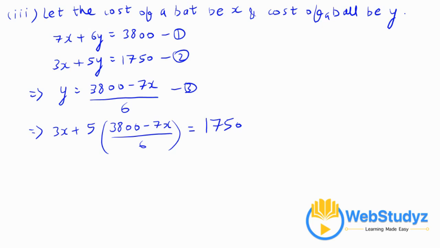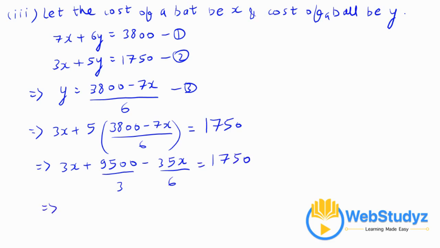Now, solving this, it will be 3x plus 9500 by 3 minus 35x by 6 is equal to 1750.